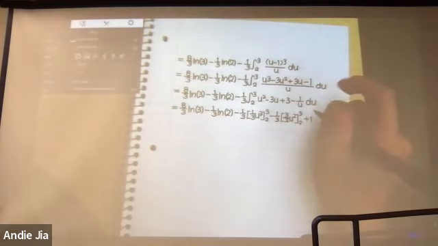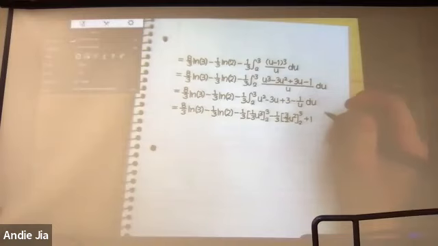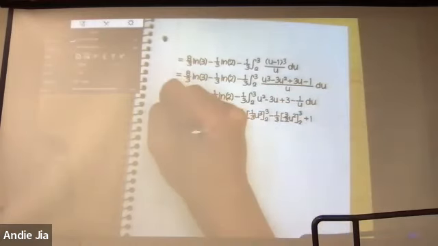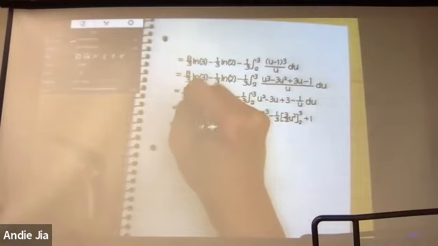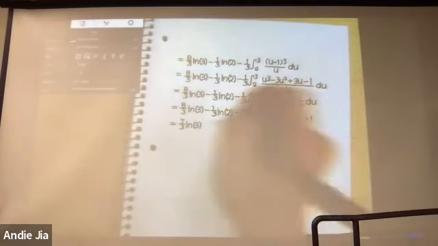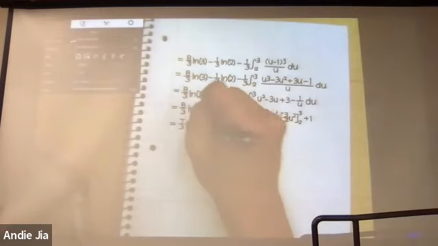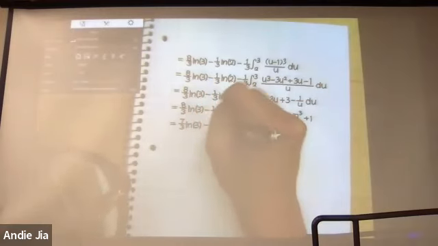And then minus natural log of 3, minus natural log of 2, times 1 over 3. So it's going to be 7 over 3 natural log of 3 minus 2 over 3 natural log of 2.